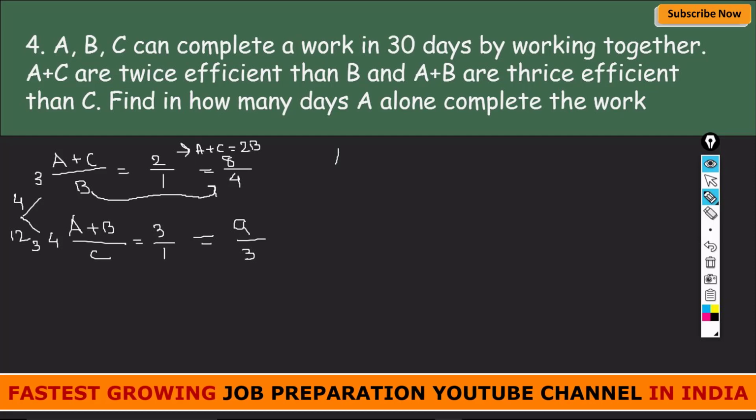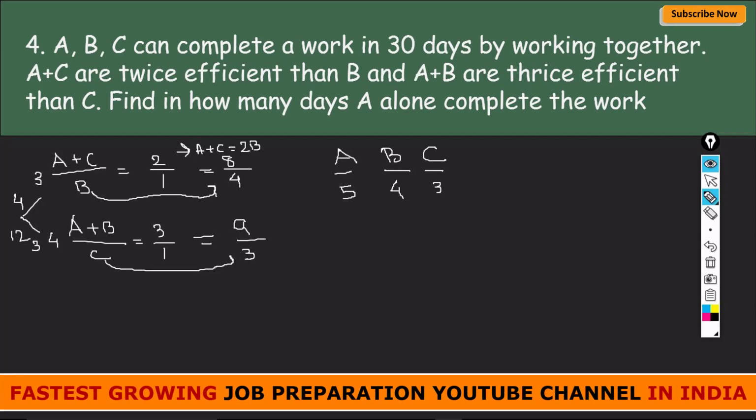Now let us write it like this: A, B, C. So B is 4. From here we get C is 3. If you put the value of B and C in any one of them, you will get the value of A as 5. So now the value of A is 5, B is 4 and C is 3.